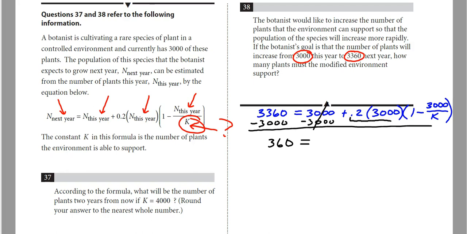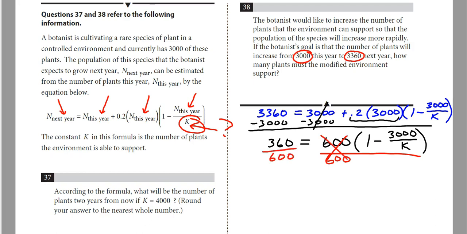let's knock out this 0.2 times 3,000. That's 600, and then multiplied by 1 minus 3,000 over K. Well, I want to get rid of that parentheses, so I could distribute, but that's going to be kind of messy. I think I'm just going to divide this whole side by 600, and divide this whole side by 600.